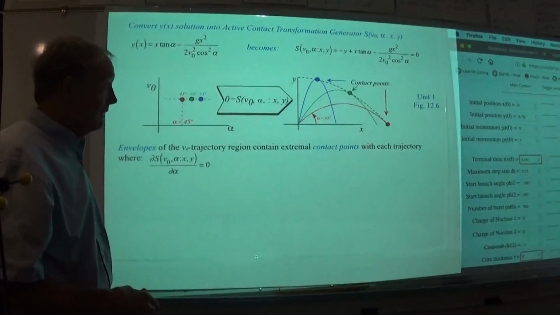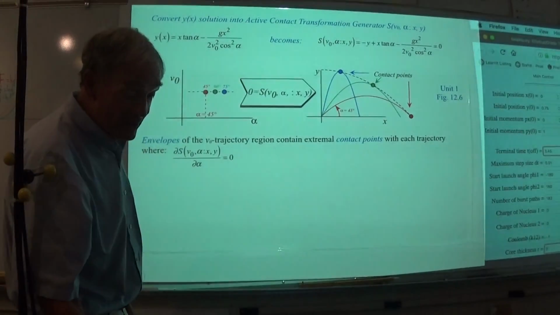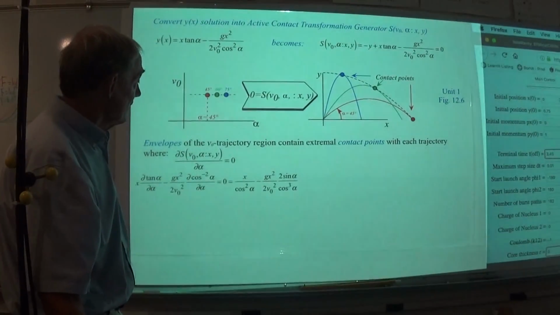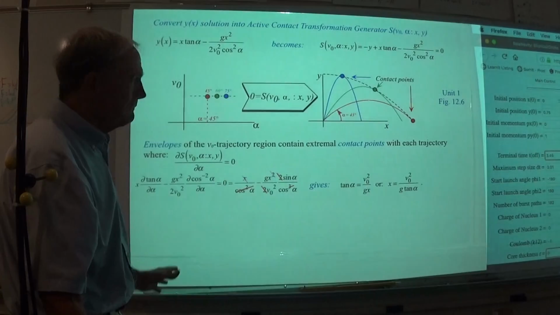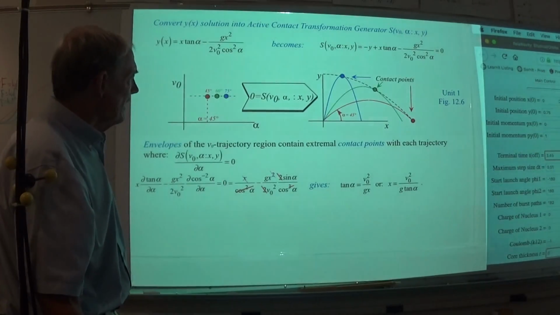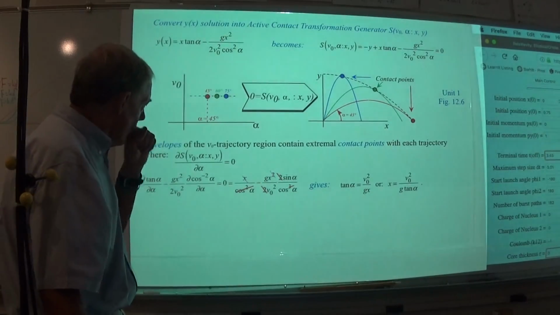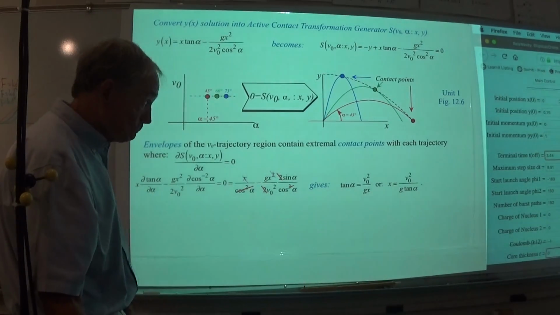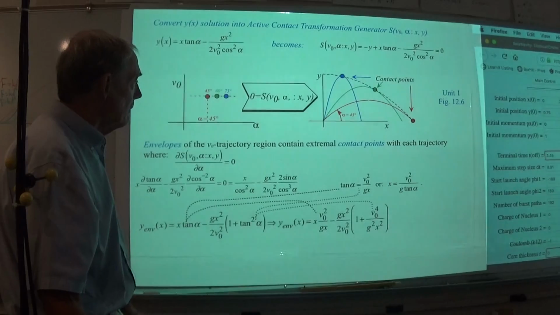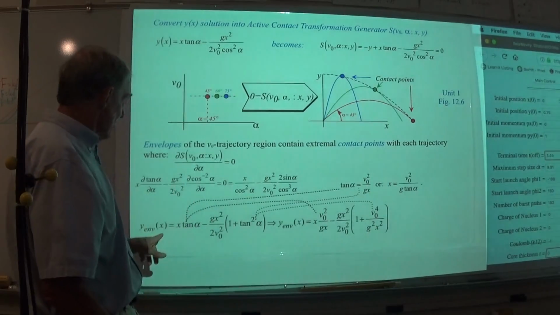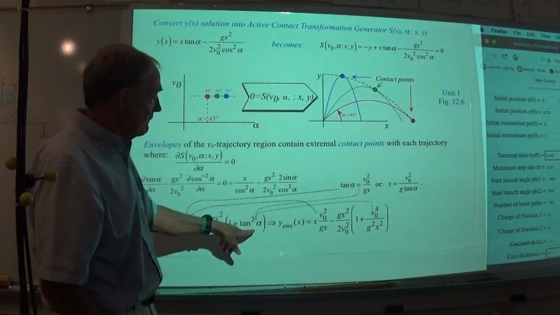This is not an easy derivative. This is a sophomore problem, but this thing gets to be a mess. Not a terrible mess, but much less nice than some things. I go through and cancel a few things from that partial derivative, and I get that. I'm still not home. I've got to feed that back into this to get the y envelope.